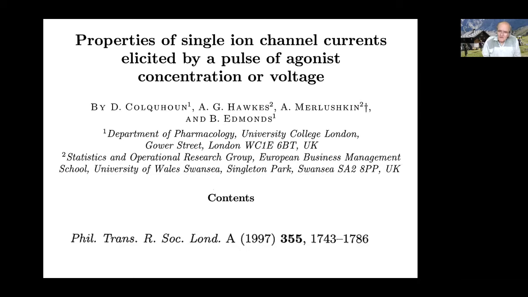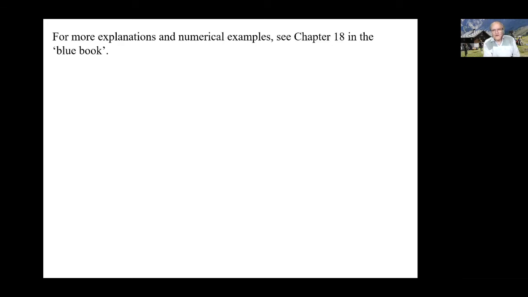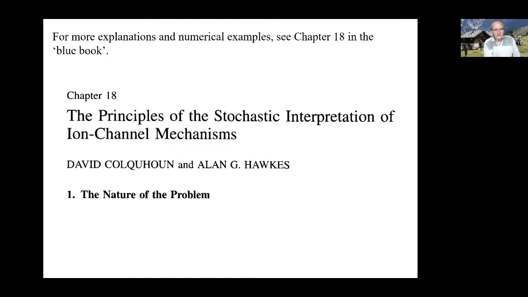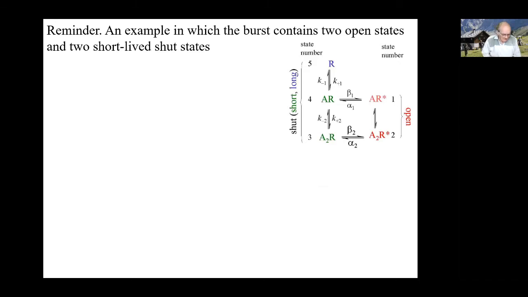In principle, the same or very analogous results would apply after a step in voltage, though we have never done that ourselves. For a rather simpler account, you can look in the blue book, Sackmann and Neher's Single-Channel Recording. Chapter 18 includes some numerical examples, as well as the particular bits of algebra which we shall go on to now.